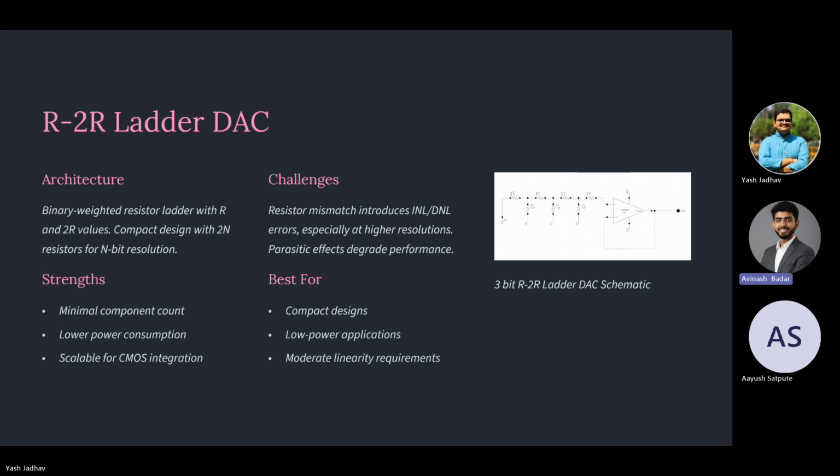The challenge in this architecture is that mismatch introduces INL and DNL errors, especially at higher resolution. Parasitic effects degrade performance. Its strengths are a minimal component count, low power consumption, and scalability for CMOS integration. It is best for compact designs, low power applications, and moderate linearity requirements.